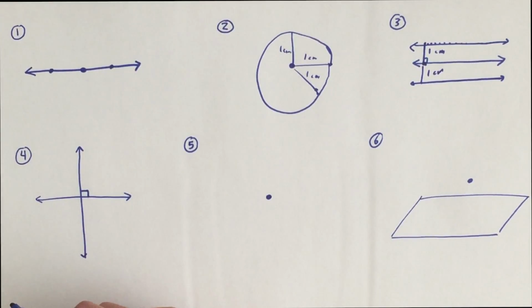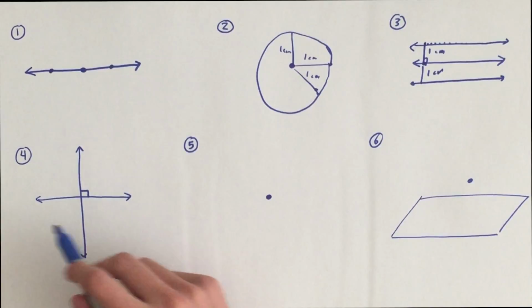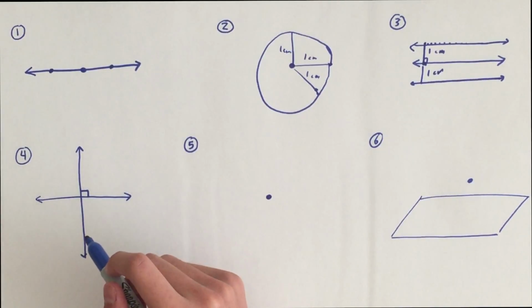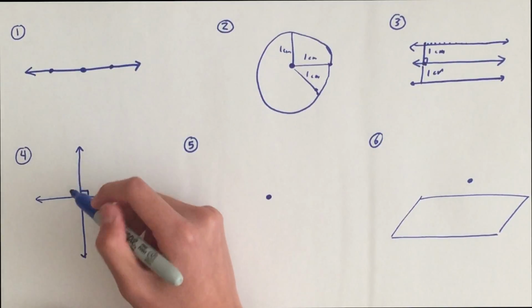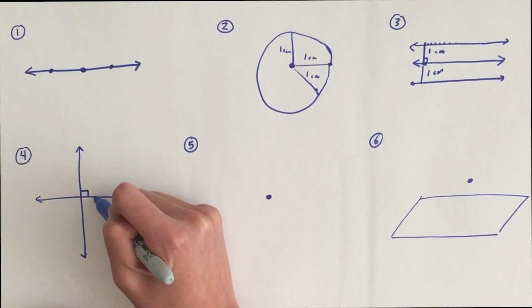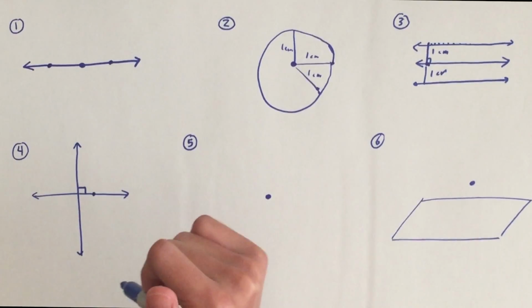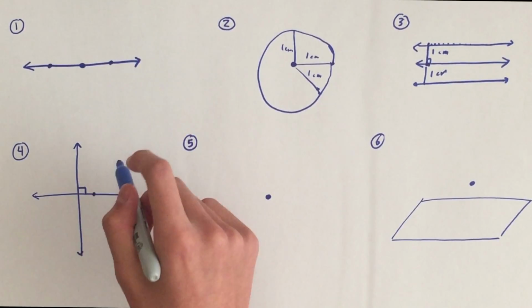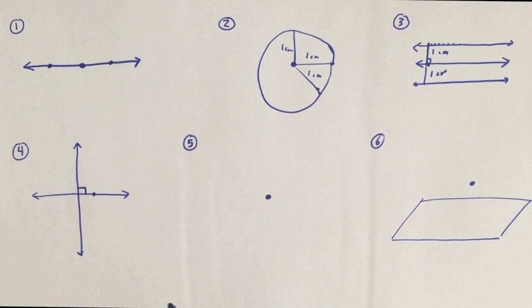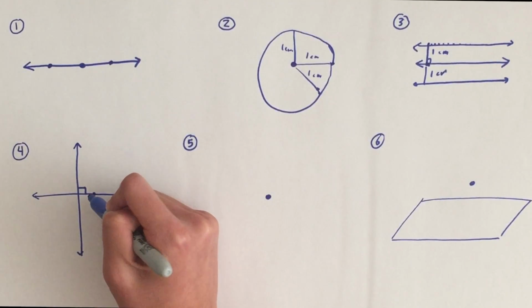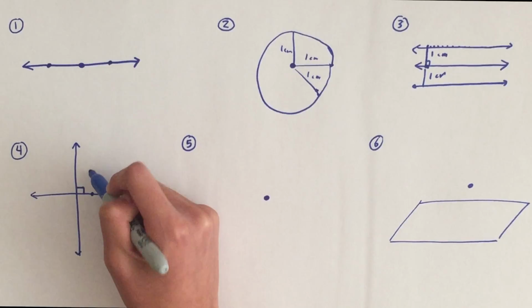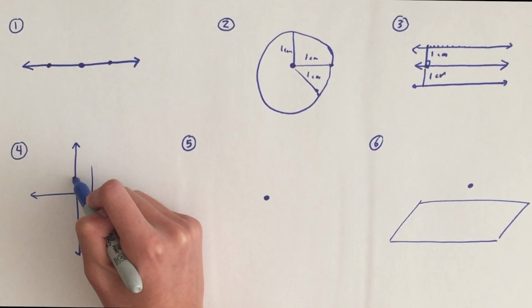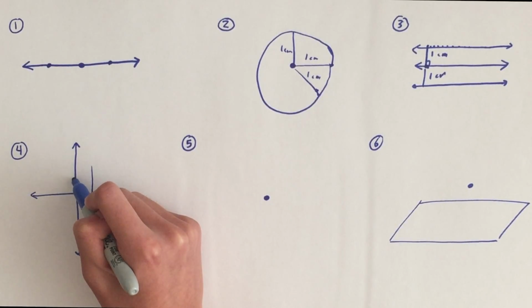Okay, let's move on to another one. Find the set of points that's equidistant from these 2 perpendicular lines. The same thing applies, the perpendicular distance. So let's just pick 1 point right here. If you want to find the set of points that are equidistant from these 2 perpendicular lines, then the perpendicular distance from this line to some point out here has to be equal to the perpendicular distance of any point on this line out here.